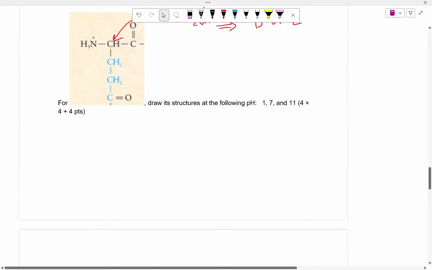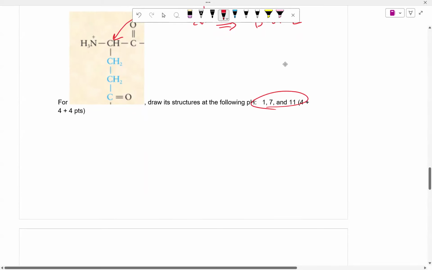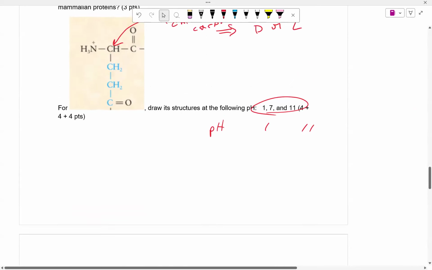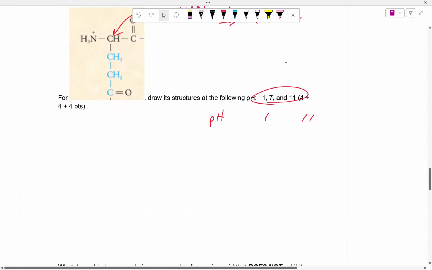Okay, so they're looking at 3 pHs. And on your test, it's going to be pH 1 and 11. That would be similar to when I did the amines at acidic and basic pHs, and the acids at acidic and basic, whether they are ionic or non-ionic.